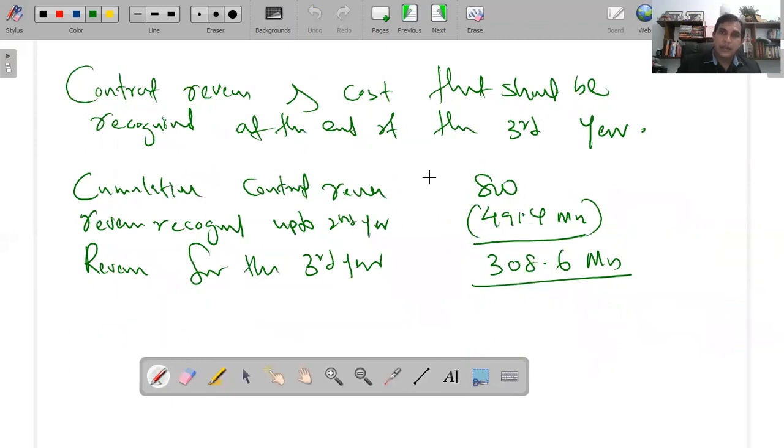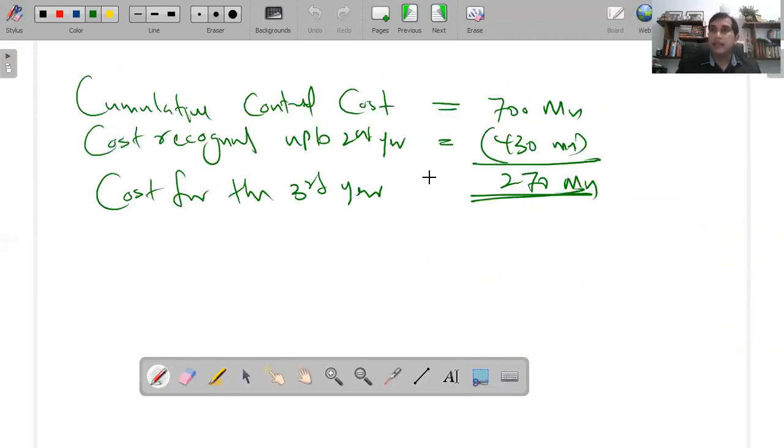This is the third year revenue, and this is the cost.